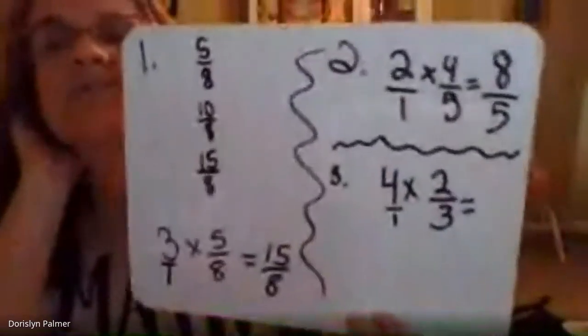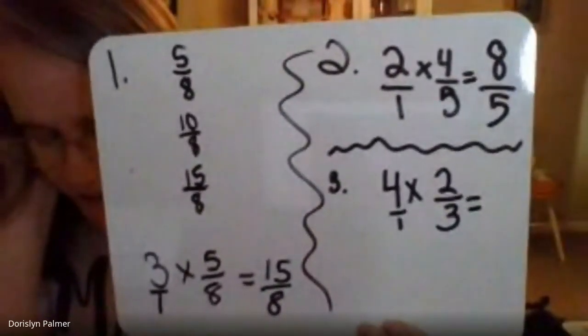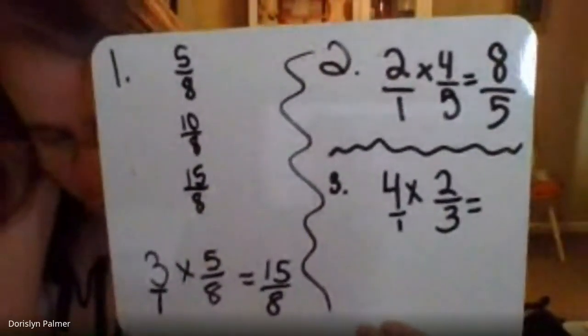Okay. Number 3. 4 times 2/3. Brooklyn, take a look at number 3 and multiply your numerators and your denominators. What would you get? 8/3.